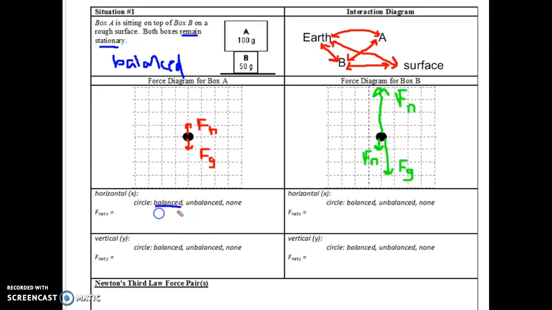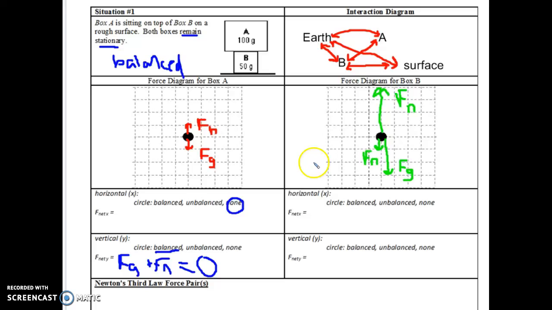In the X direction, I write none because there are no forces going left and right on this object. In the vertical direction, now is where I'm going to underline balanced because the F net is equal to Fg plus Fn. And if I look at those boxes, I've got one box up and one box down, so I'd show my work there. One box up plus one box down would be a net force of 0.